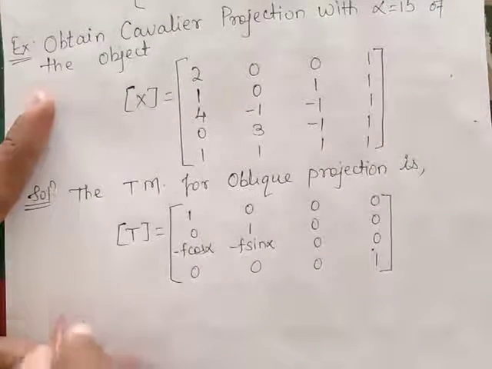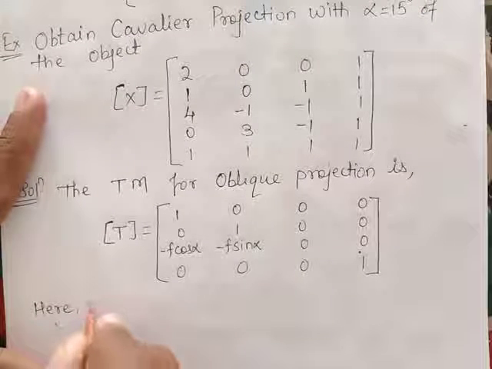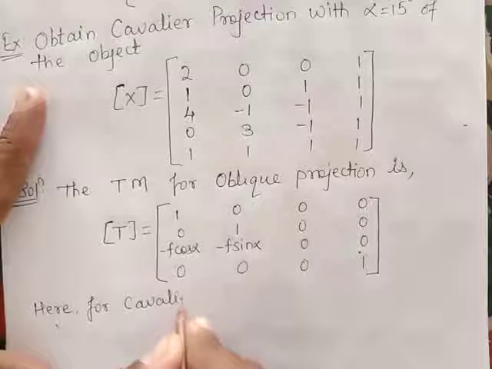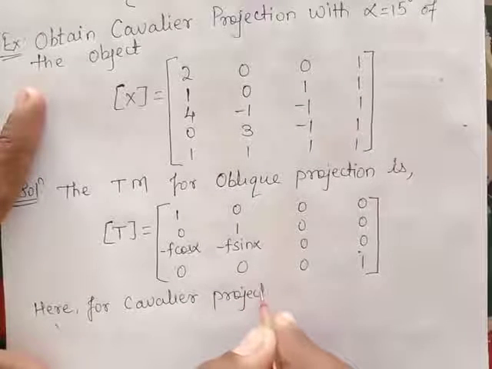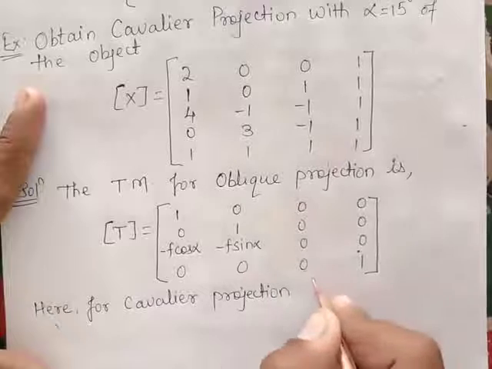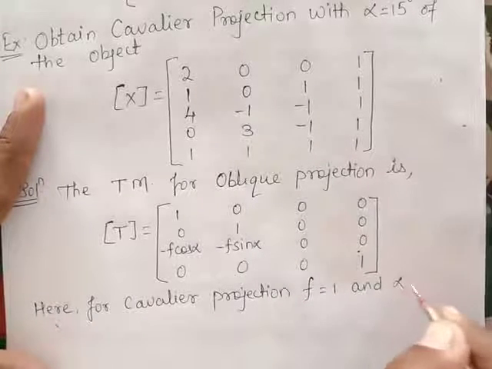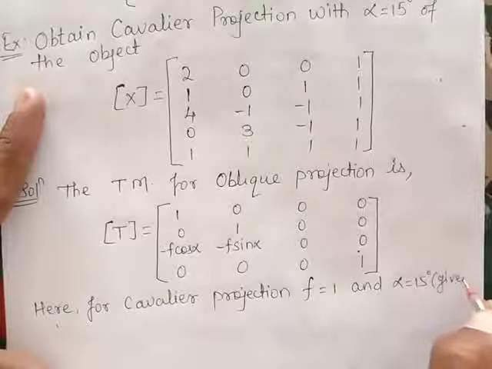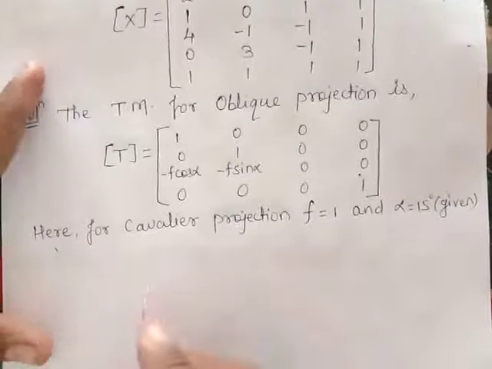Now here for cavalier projection, as we know, f is 1 and alpha equal to 15 degrees. It is given to us in the question. Okay, so put these values.